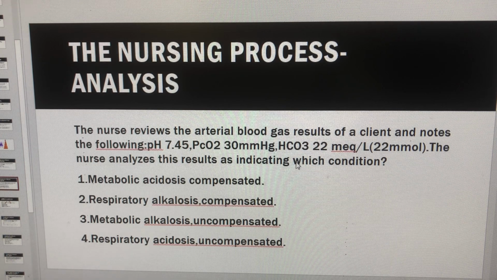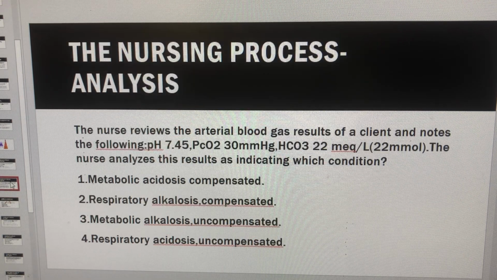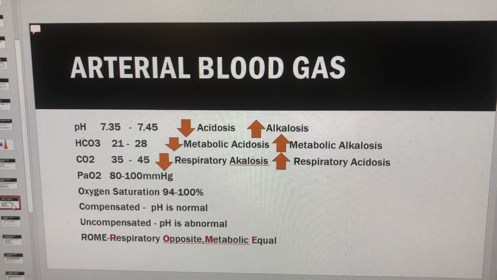Now let's go to bicarbonate, 22, which is normal. So now our answer is number 2, respiratory alkalosis compensated. It's compensated because the pH, though higher, is still within the normal range.